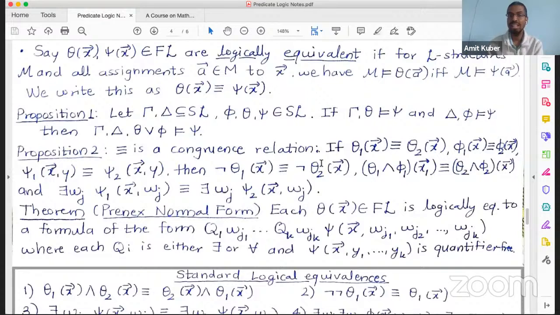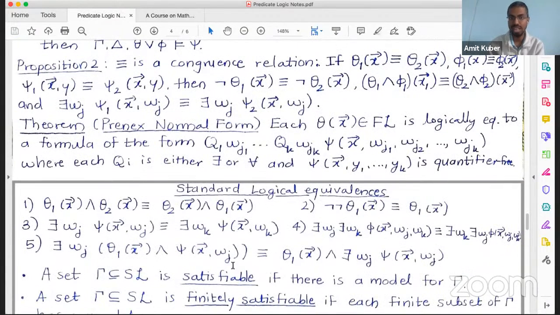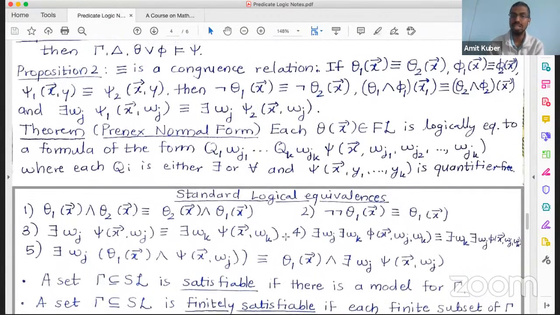Just like we had the DNF there, some nice form for formulas, we have PNF here, prenex normal form. Every formula is logically equivalent to a formula of this specific type, where all the quantifiers are in the front and inside we have a quantifier free formula. You can use these standard logical equivalences to take all those quantifiers outside.